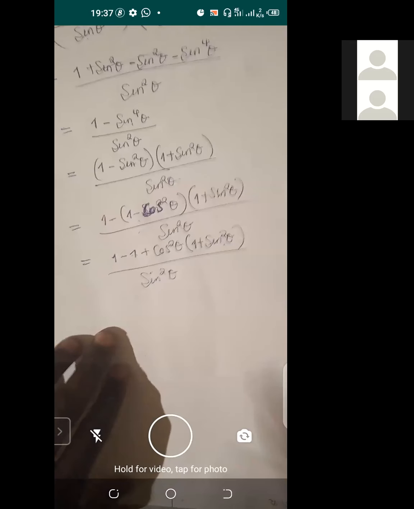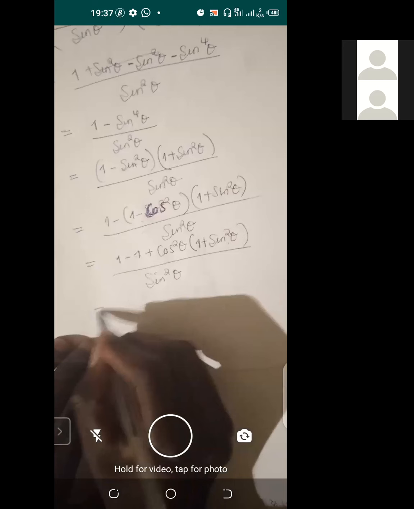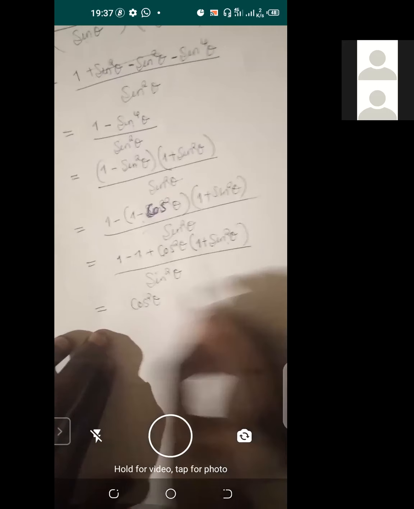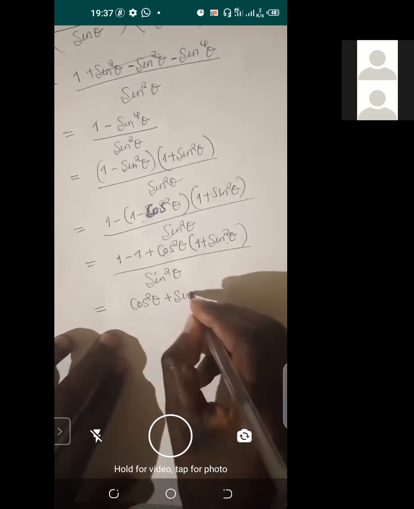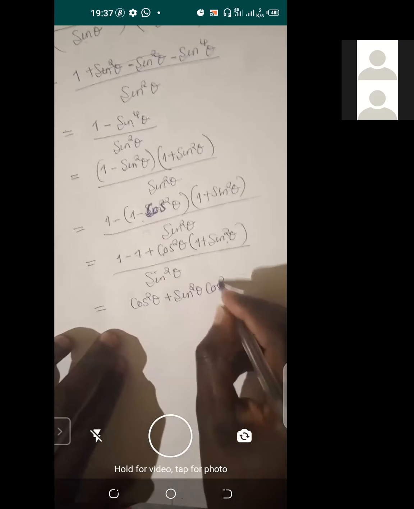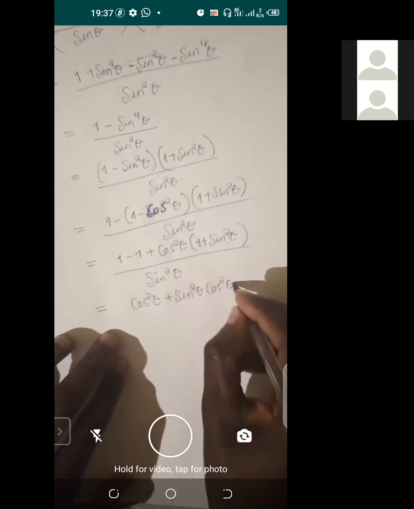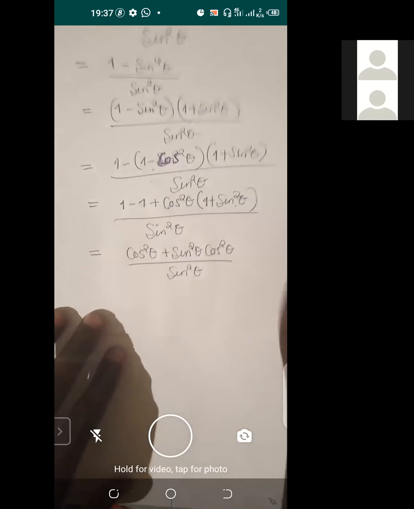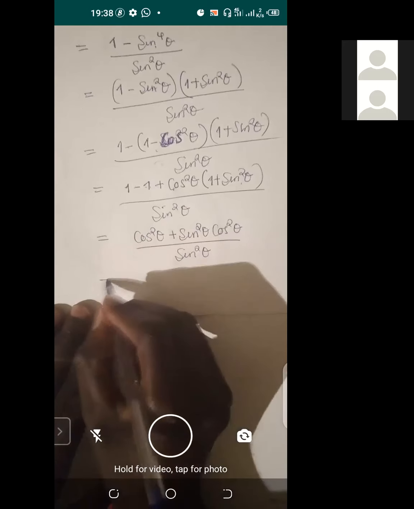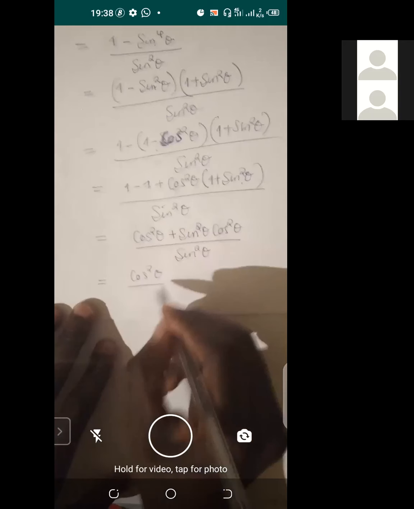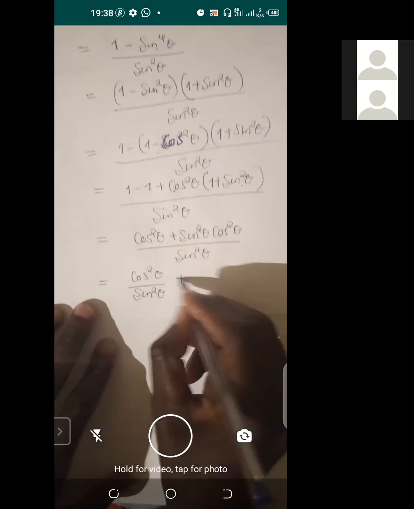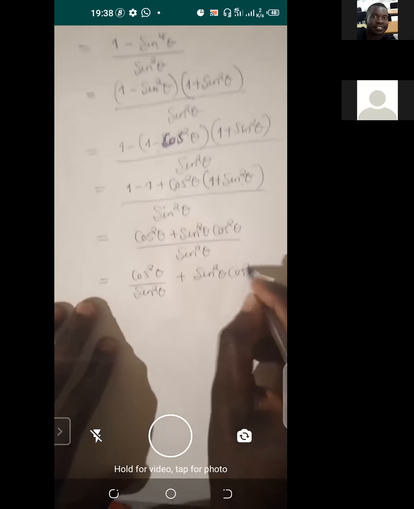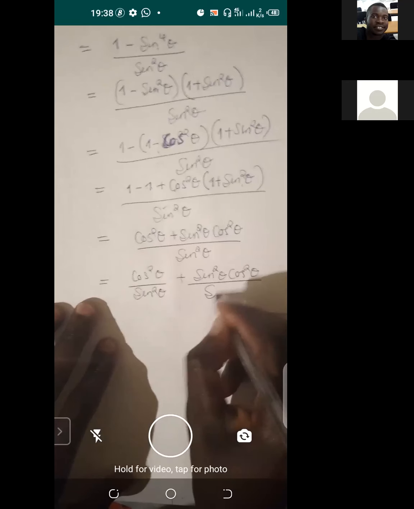So you get this one multiplied by this one, you get cos squared theta plus sine squared theta cos squared theta over sine squared theta. Then this can be written as cos squared theta over sine squared theta plus sine squared theta cos squared theta over sine squared theta.